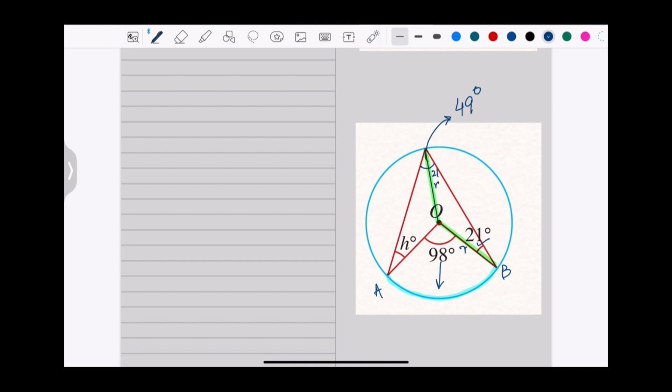And since the whole big angle was 49, if I subtract 21 from 49, I get this much as 28. And this line is also a radius, so this triangle is also an isosceles triangle. So if this angle is 28, this angle is going to be 28 as well. So H is equal to 28 degrees.